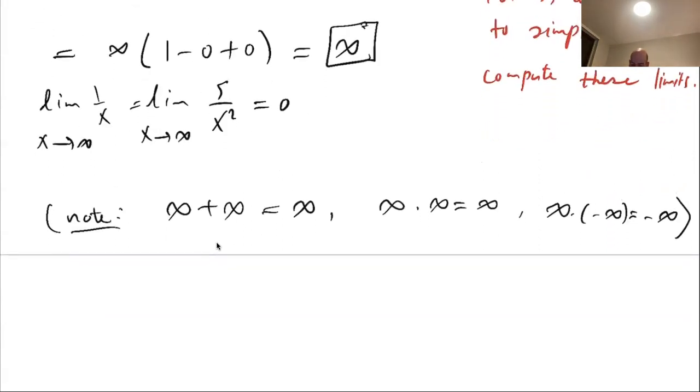So infinity minus infinity, we said, is indeterminate.